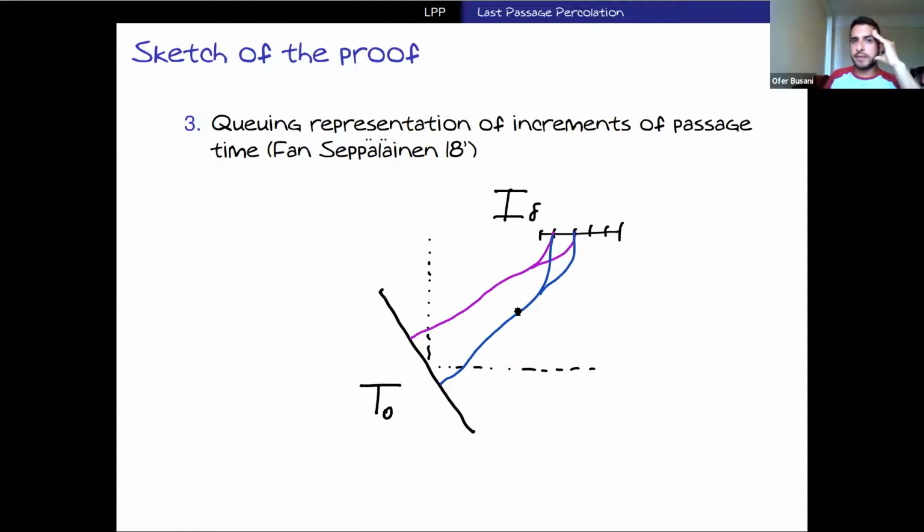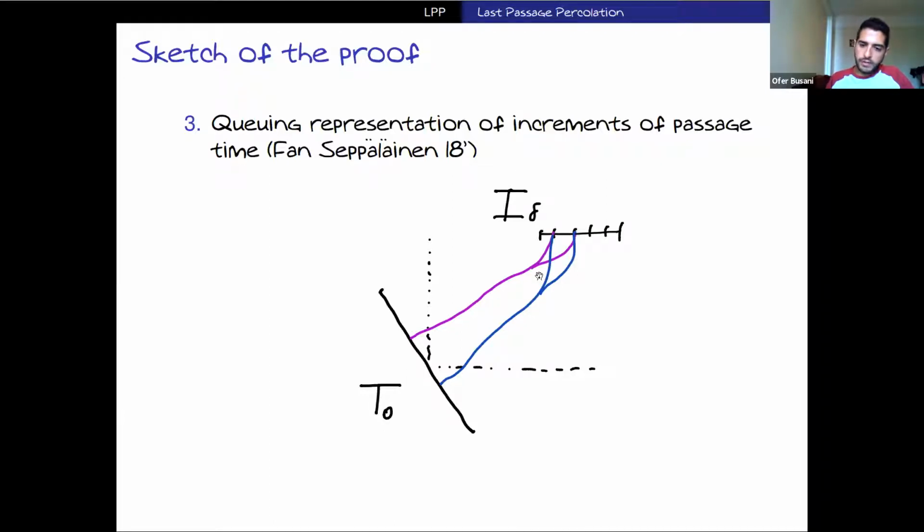Now, as this is the main bit of the proof, let me try to explain how we show this. Basically, what we want to show is that the weights on the edges of I delta with high probability are equal for the blue and the purple.